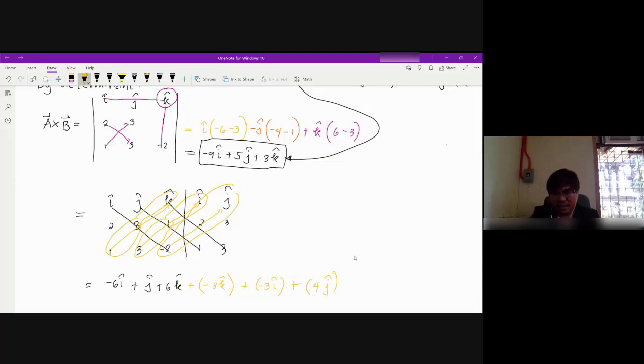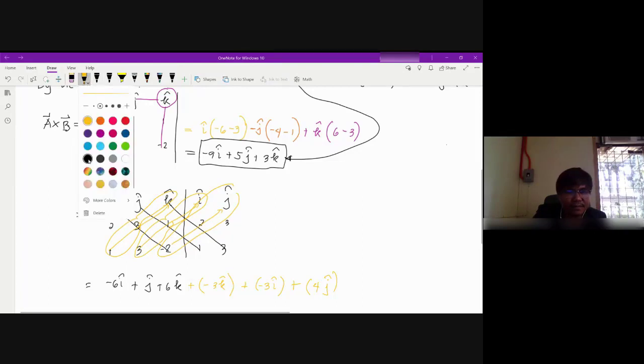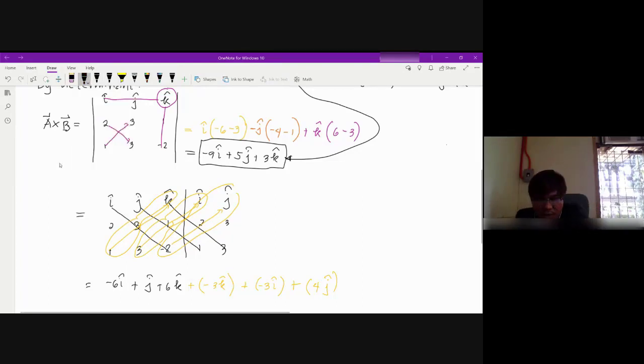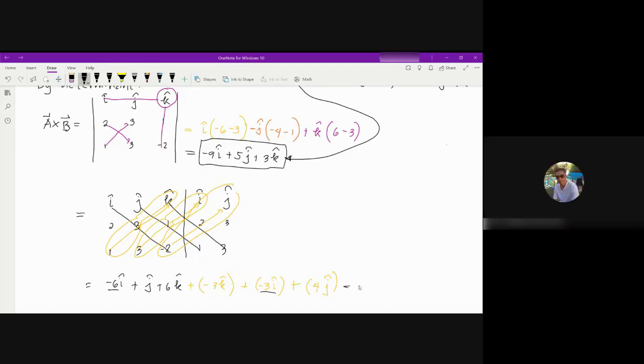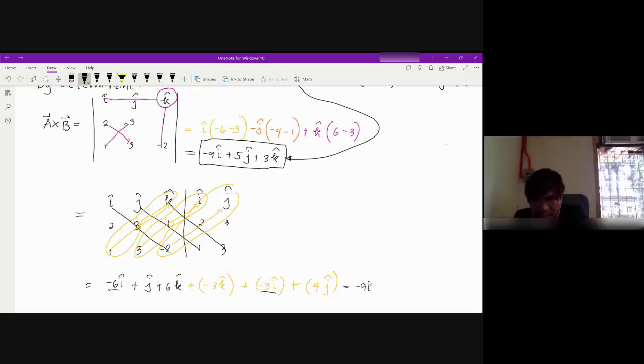Okay? And then, muna i-combine. So, you can now combine. Combine mo ang pareha. So, una ko na to ang i hat here, and then i hat here. Negative 3 i hat plus negative 6 i hat. Pila? Negative 9 i hat. Okay. Sunod kay j hat here, and then j hat there. So, 4 j hat, and then you have 1 j hat.